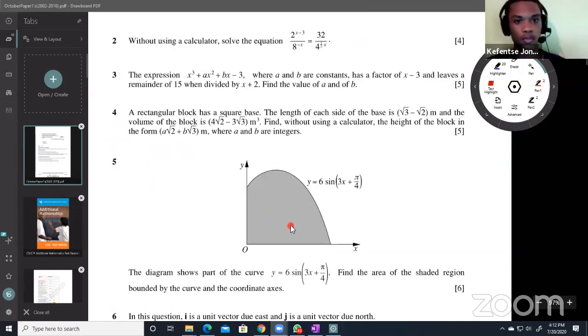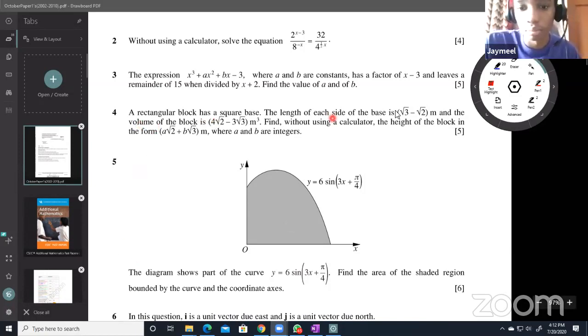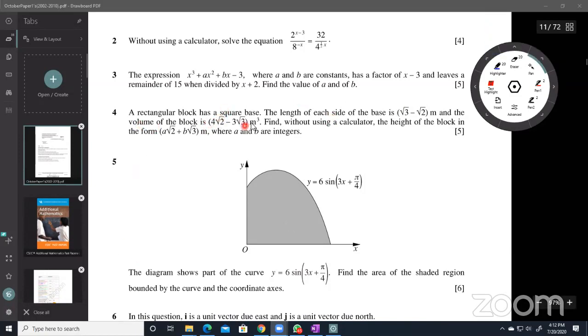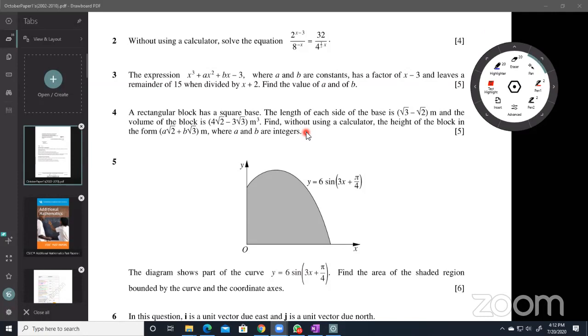A rectangular block has a square base. The length of each side of the base is root 3 minus root 2 meters. And the volume of the block is 4 root 2 minus 3 root 3 meters cubed. Find, without using a calculator, the height of the block in this form, where a and b are integers. Feel you can do that? Give it a shot.